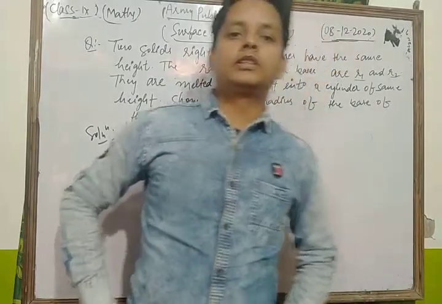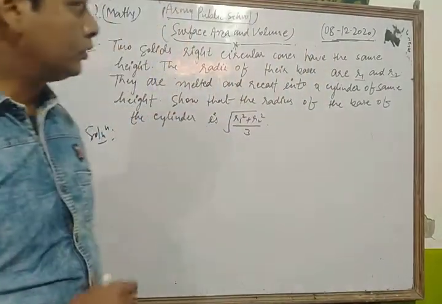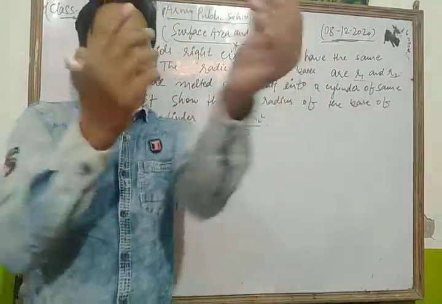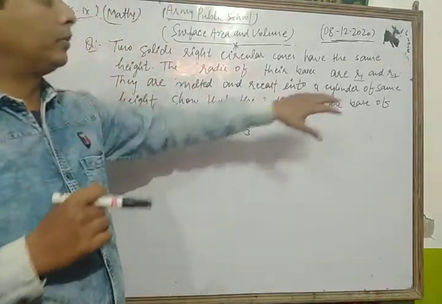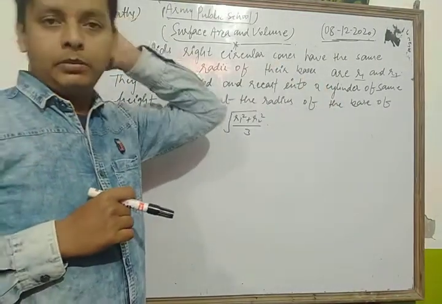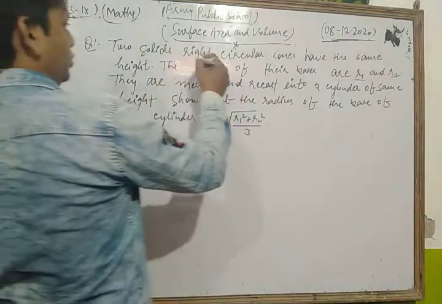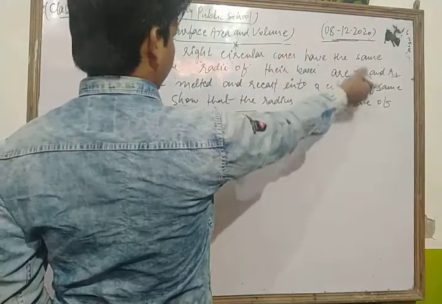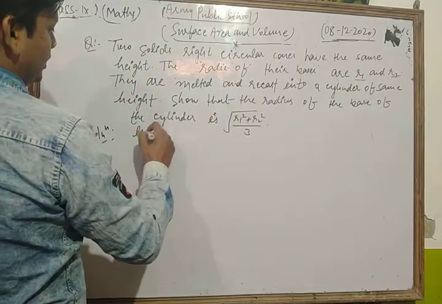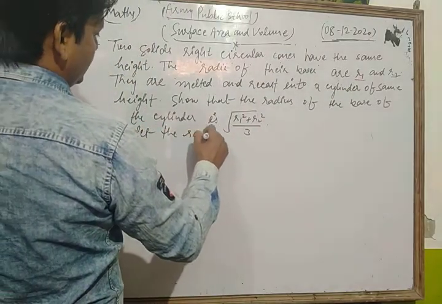In the previous class we discussed the concept that when one or two solids are converted into another shape of solid, then in that condition their volume will be the same. So here we apply the same concept. First of all, two solid right circular cones have the same height.